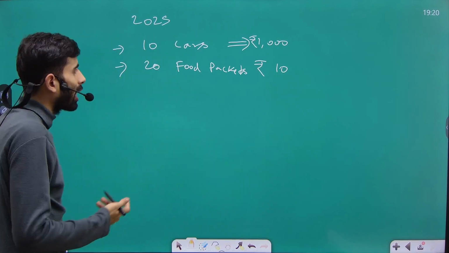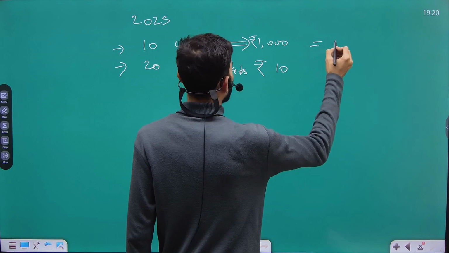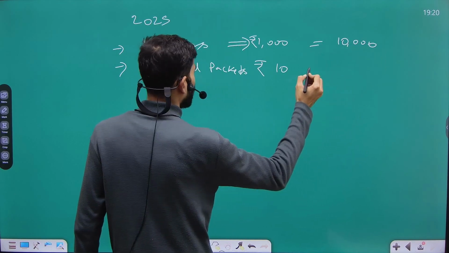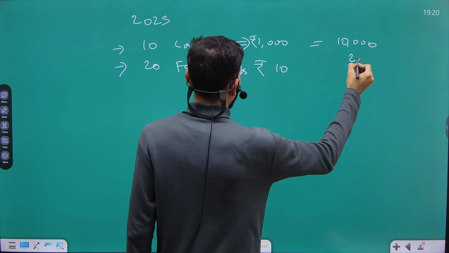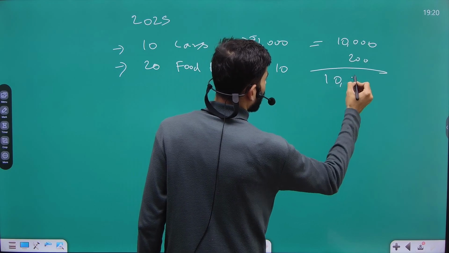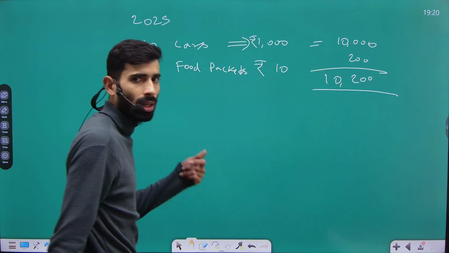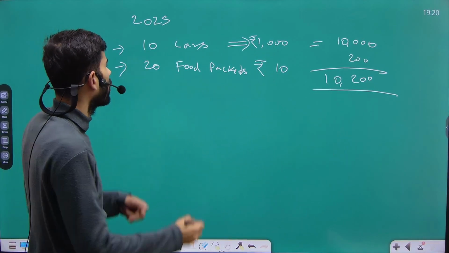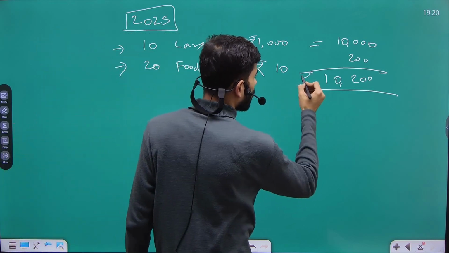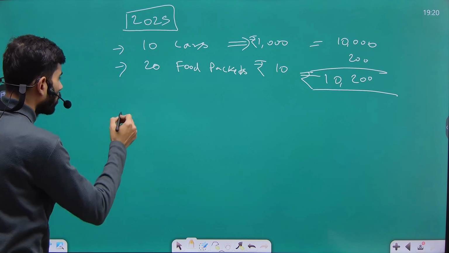So if we want to calculate GDP in year 2025, then it turns out to be 10,000 and 200. The final value of all the final goods and services produced in this economy in year 2025 is rupees 10,200.